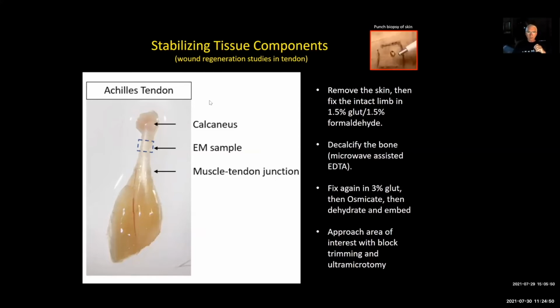But if we work with something like tendon, for example, the Achilles tendon shown here, if we were to cut this tendon and sample it for electron microscopy, it would just simply roll up into a little ball.